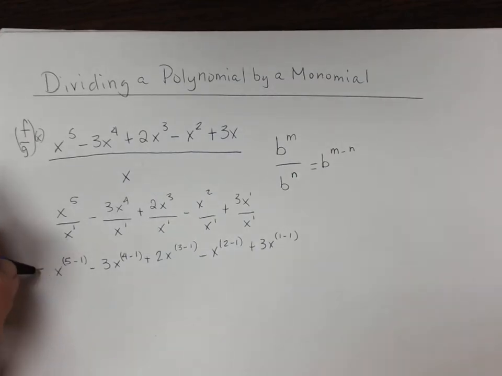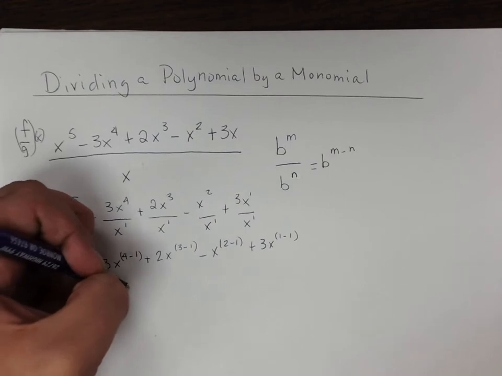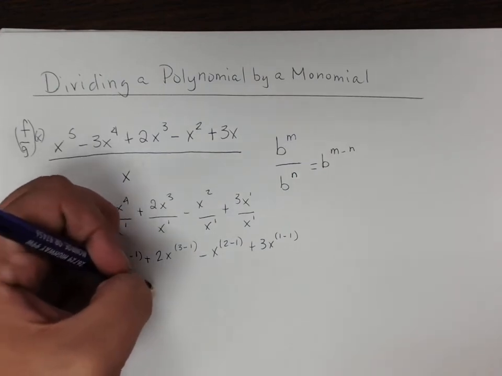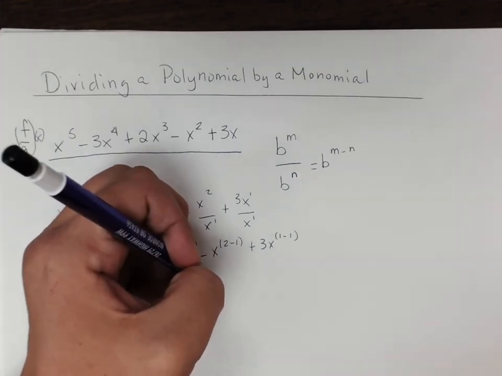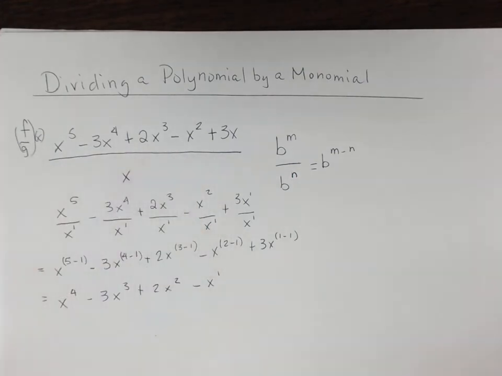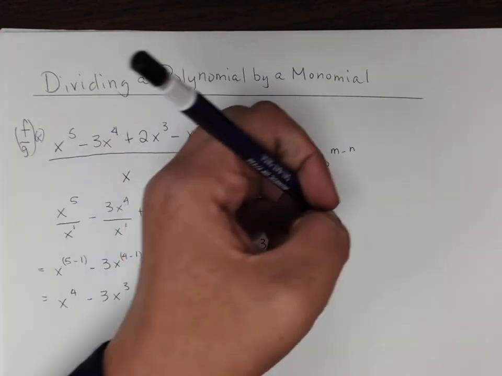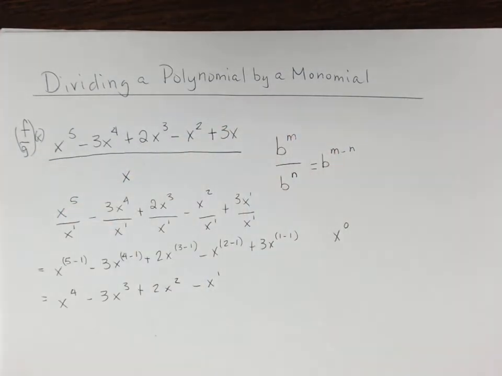Then going ahead and cleaning up our work a little bit, let's do these subtractions. I've got x to the 4th minus 3x cubed plus 2x squared minus x to the 1, which we could have also just written as x. And here we're going to have x to the 0 when we do this subtraction.